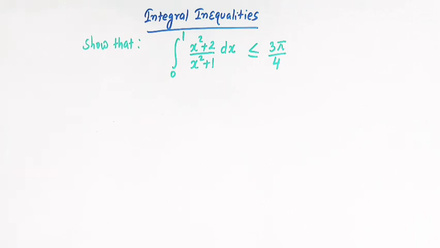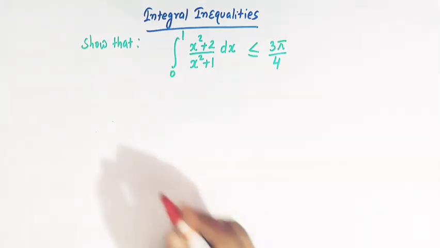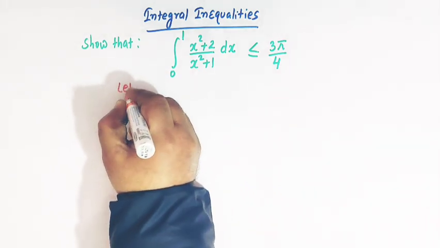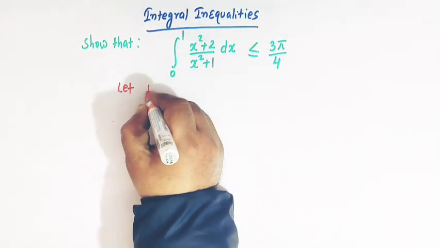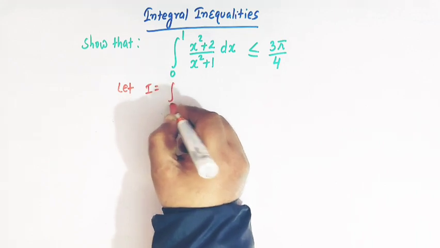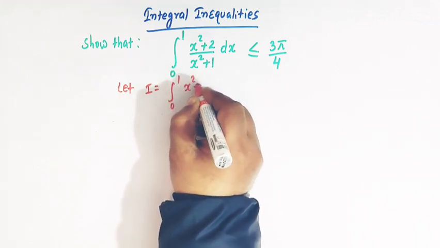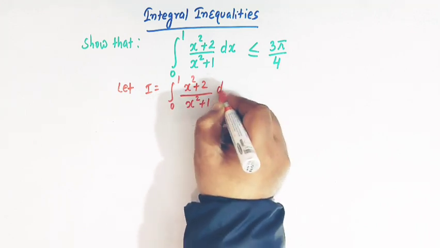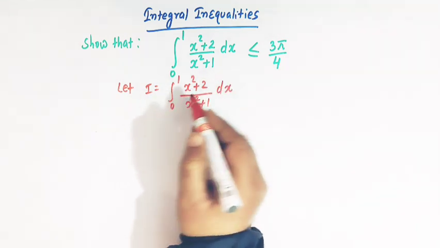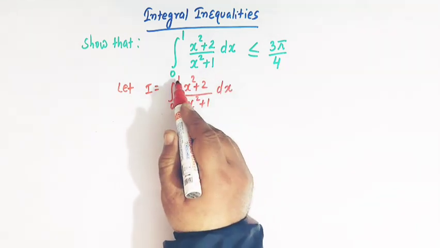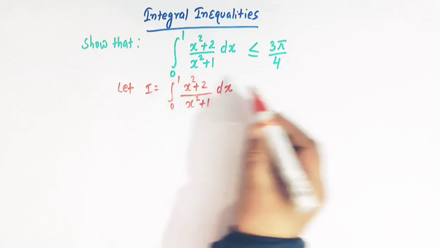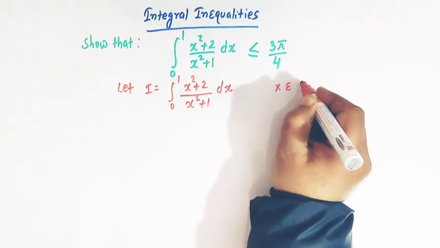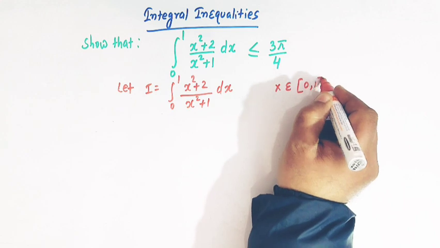So let us start. Let us first take this integral as I. So we have the integral from 0 to 1 of (x square plus 2) divided by (x square plus 1) dx. See here, the lower limit is 0, the upper limit is 1, so our x belongs to the interval 0 to 1.